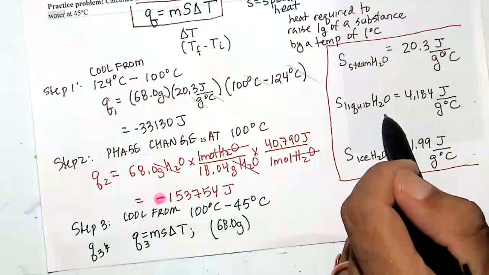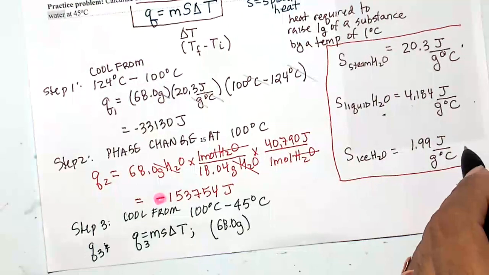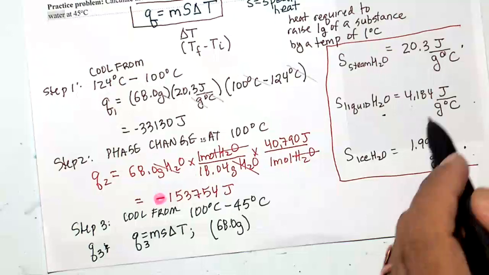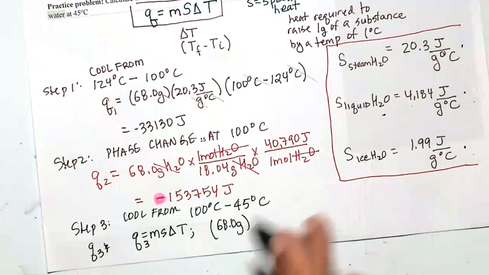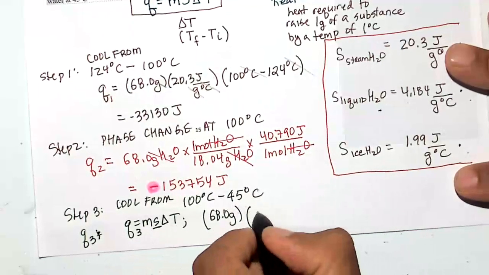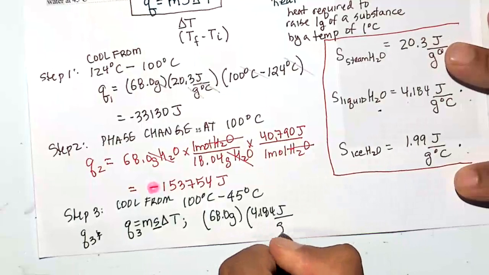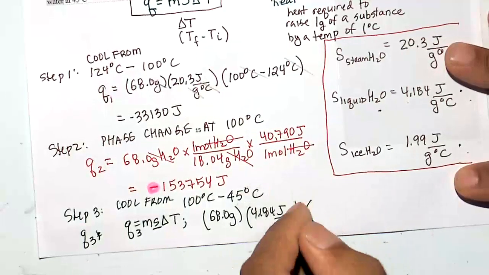Okay, so we will use this specific heat. We're not going to use the steam value because at 45 we're not steam, and not the ice value because at 45 degrees water is a liquid. So this is the specific heat we will use, and that is 4.184 joules over grams degree C.